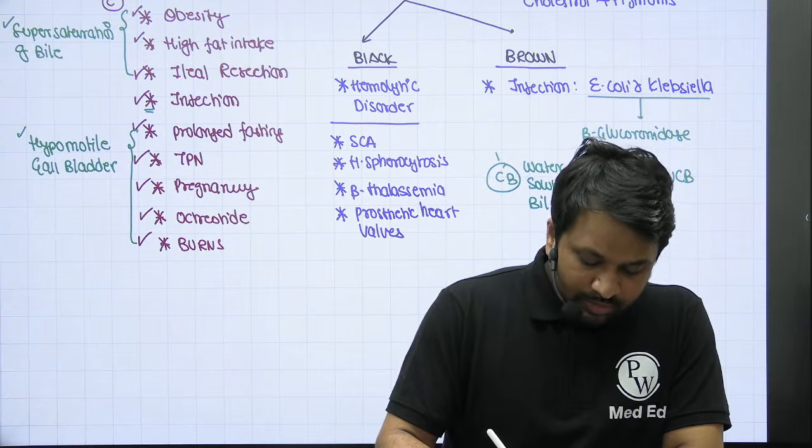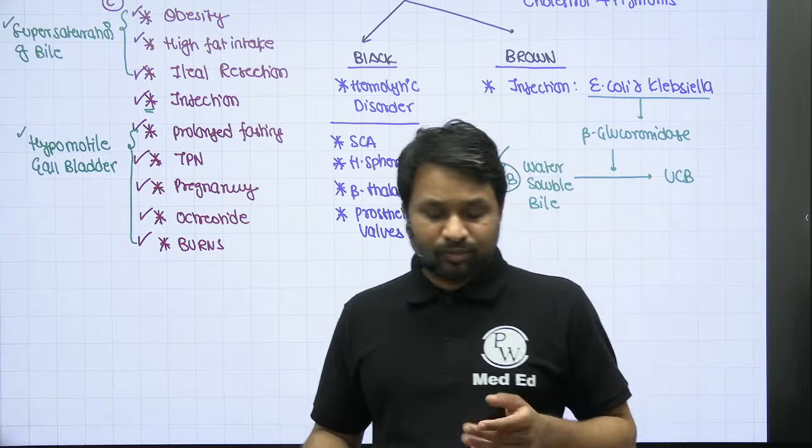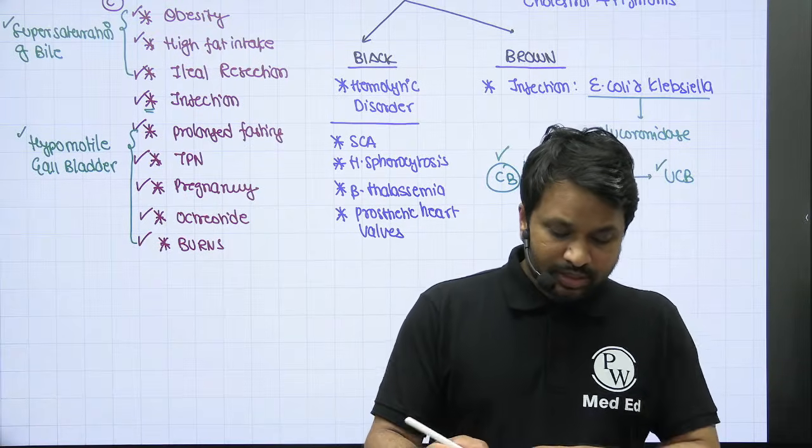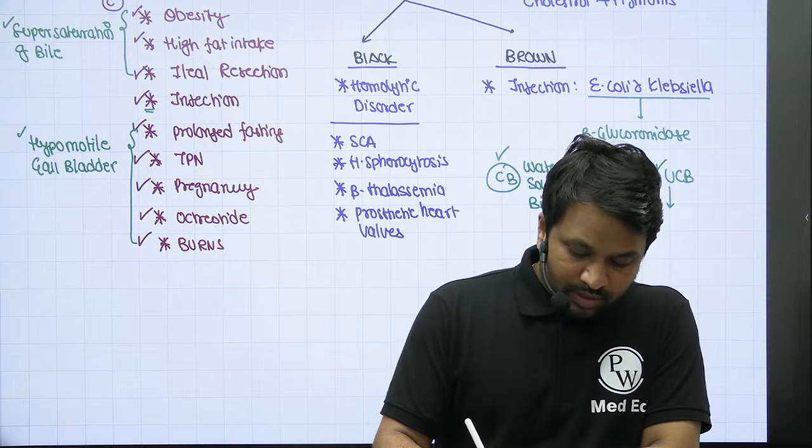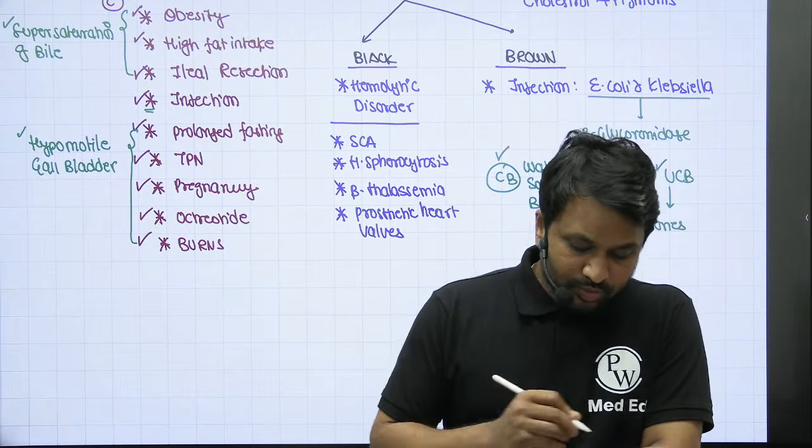Conjugated bile is going to excrete out of the body, whereas unconjugated bile will recirculate back, and as the concentration of unconjugated bile increases, it will result in precipitation of the stones, right?